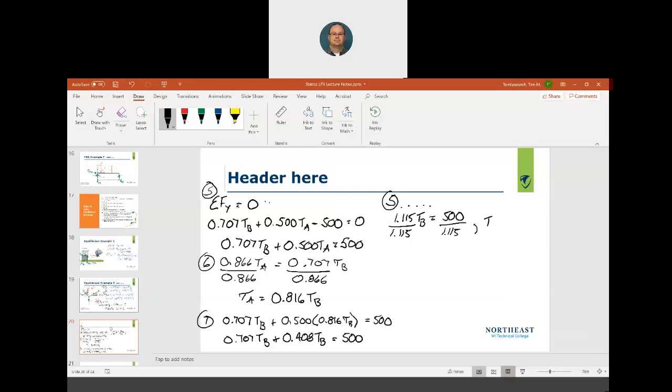So TB equals 448.4 pounds. See, I already solved that. I don't have to bring it back into the equation, I already brought it back. So that's TB.